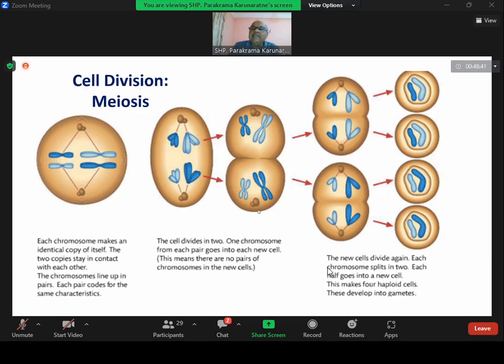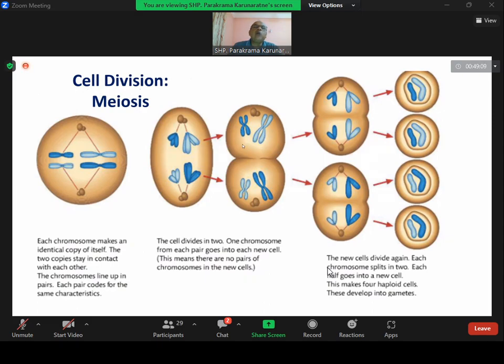In fact, meiosis has two cell divisions. In the first cell division, the members of the pairs are separated. The second division is similar to mitosis, where chromatids are separated from each chromosome. So you end up with four cells like this.